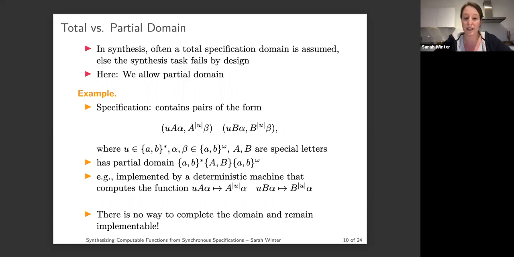For example, if a big A is produced, then if in the input a big B occurs, it was wrong. And otherwise, if big B was produced and then in the input at some point a big A occurs, this was also wrong. So here there is no possibility to make this complete and remain implementable.